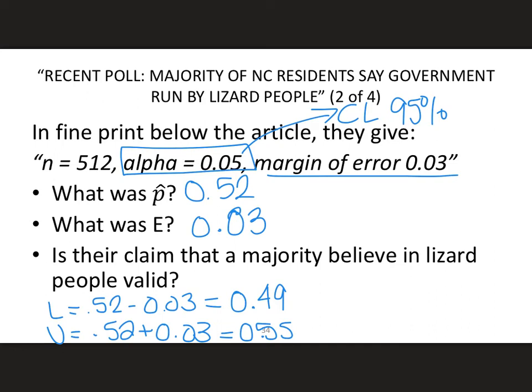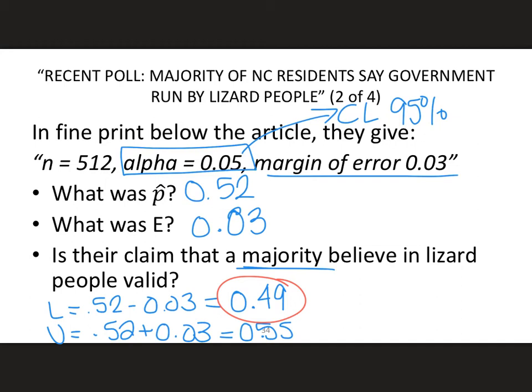So their claim is that the majority believe this is true. If they're saying the majority, what they're saying is that more than 50%. But here you can see that our interval is not above 50%. We actually fall into the 0.49, or 49%.